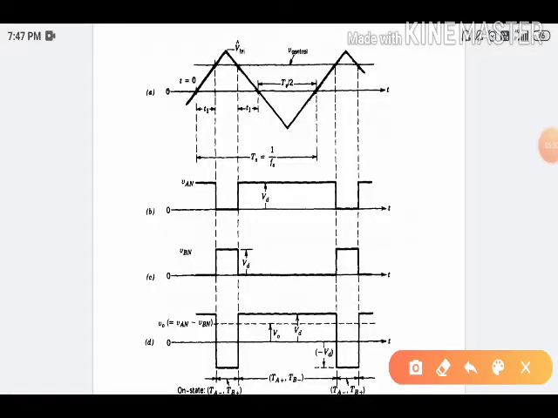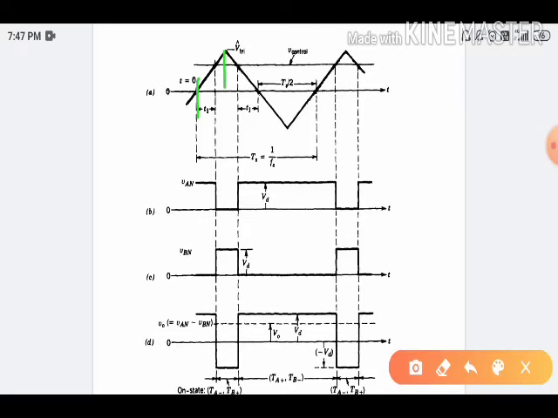If we see this part of the waveform from 0 to the peak of the triangle, from 0 to Ts by 4, it is a simple line, so we can write the equation of a line.